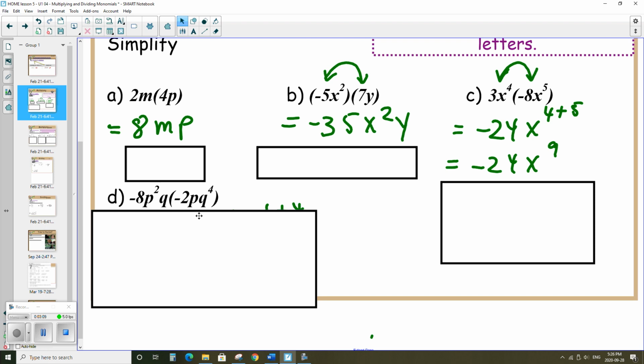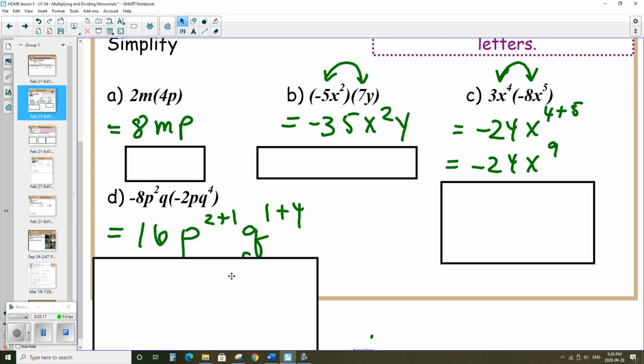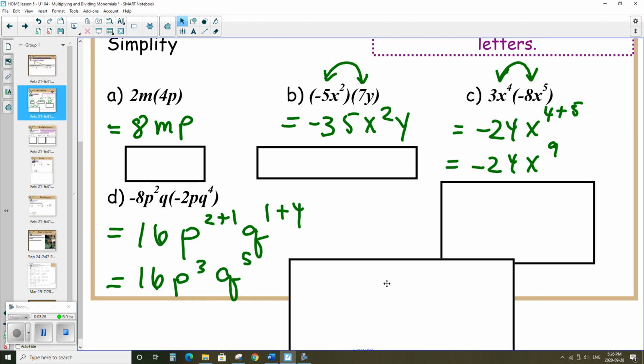So we're going to add the exponents with the same letters. So 2 plus 1 and then 1 plus 4. I'm showing my steps here, and then in the next line, I'm just going to write the answer. So 2 plus 1 is 3 and 1 plus 4 is 5. Make sure you have that step in between. Don't just go to the final answer.